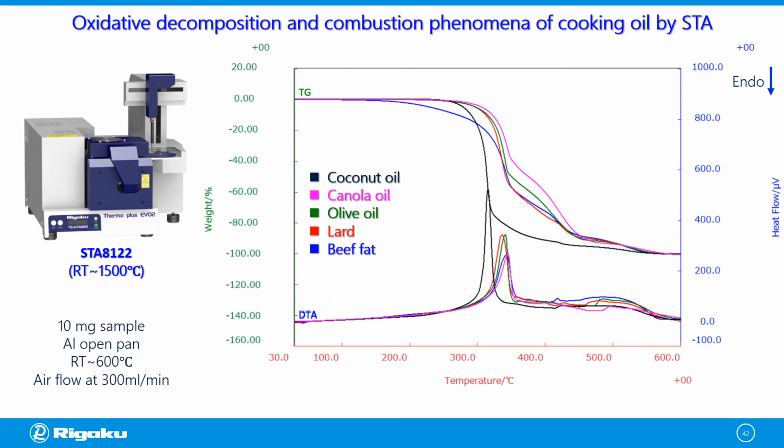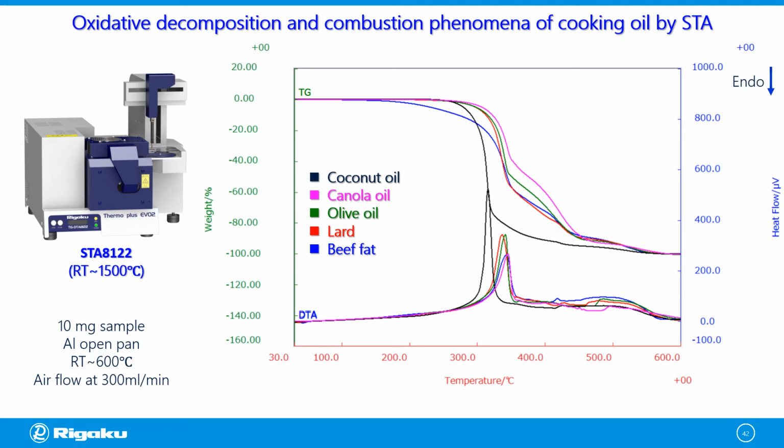This slide shows us the difference in oxidative decomposition and combustion behavior in other fats and oils such as coconut oil, canola oil, olive oil, lard or pork fat, and beef fat or beef tallow.